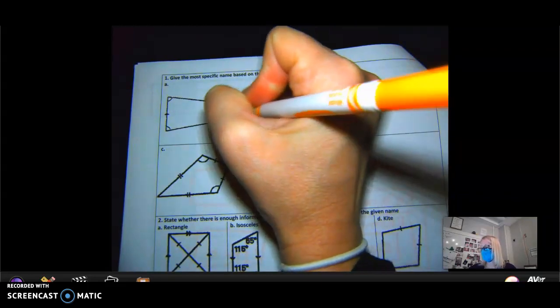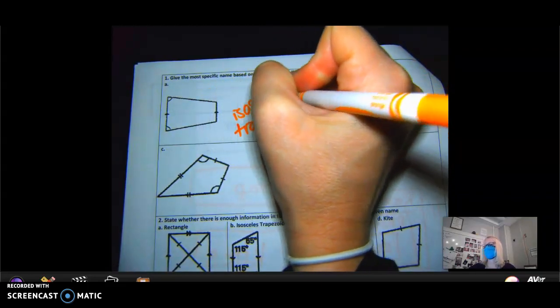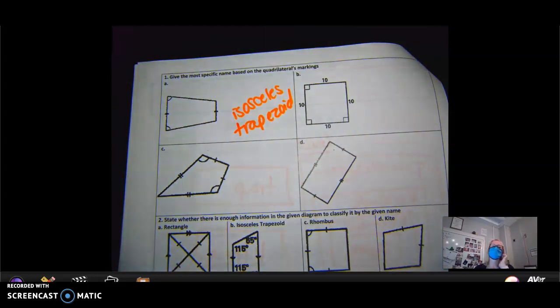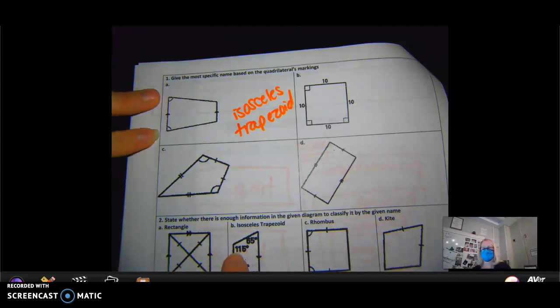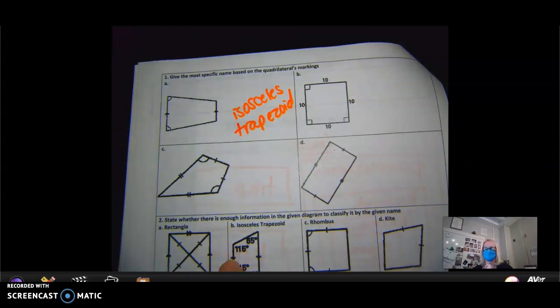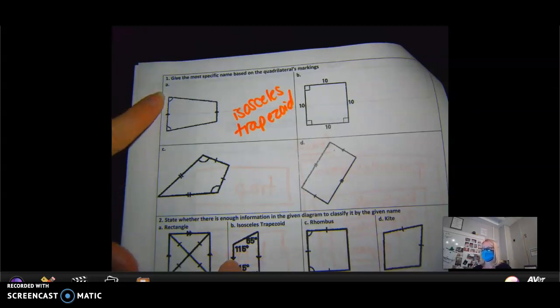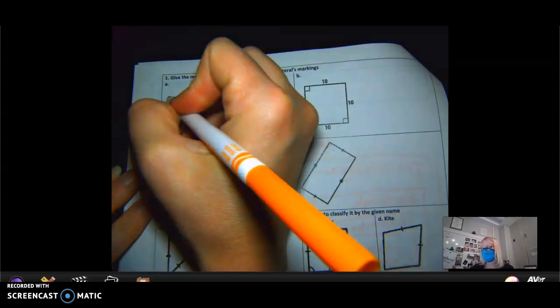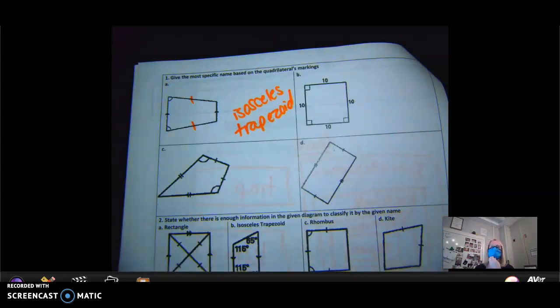It has to be an isosceles trapezoid. Who can tell me why it's an isosceles trapezoid? Yep, so these two are congruent, therefore the two sides are going to be congruent, which makes that isosceles.